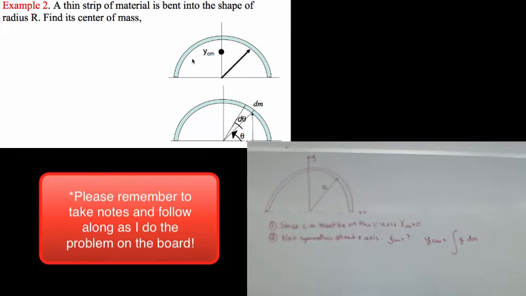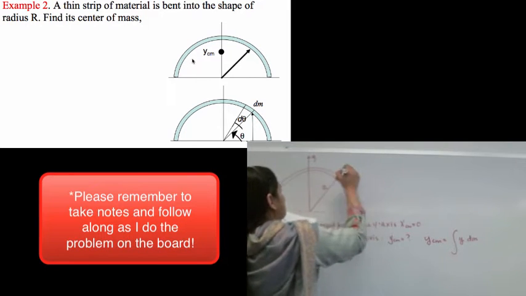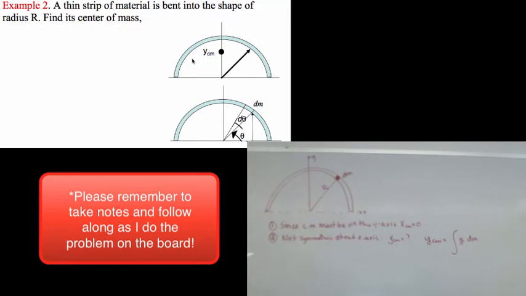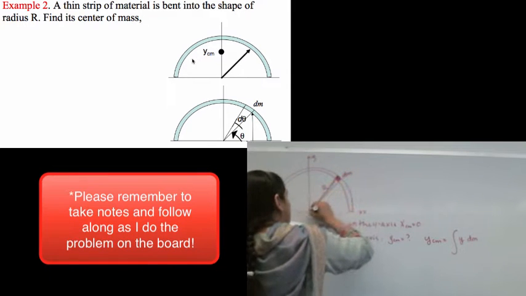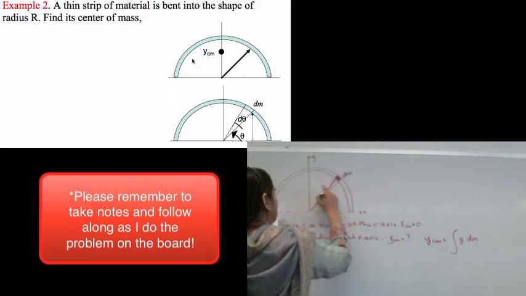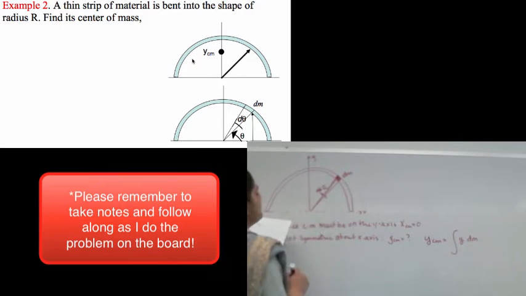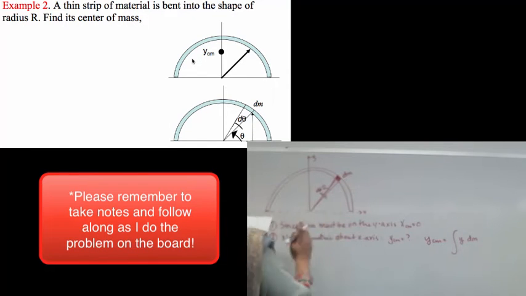Okay, now how does that help me? In this case, what I'm going to need is to choose a small dm, which is a small mass, and then I have to find a small d phi. I'm just going to cheat a little bit. So I have a small dm, and I have a small angle d phi, right, with a radius r that's consistent all the way around.